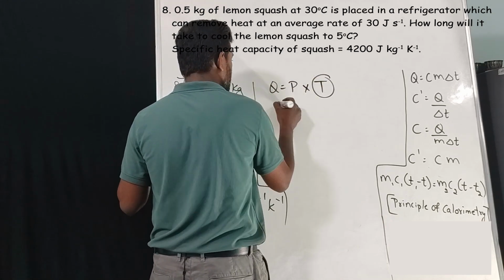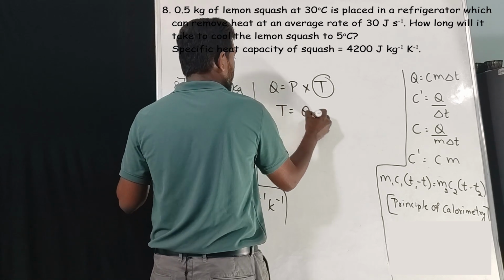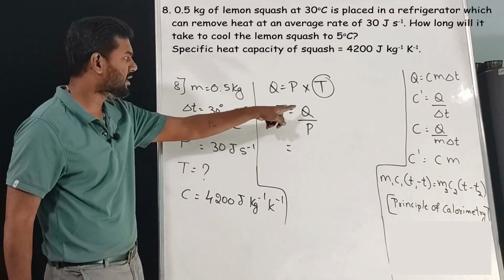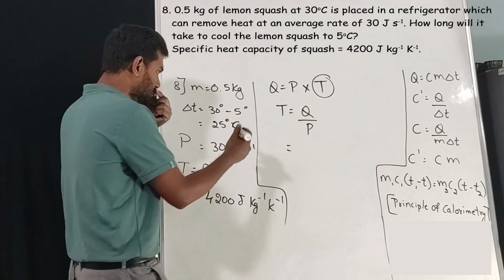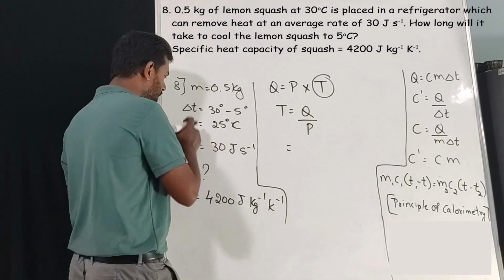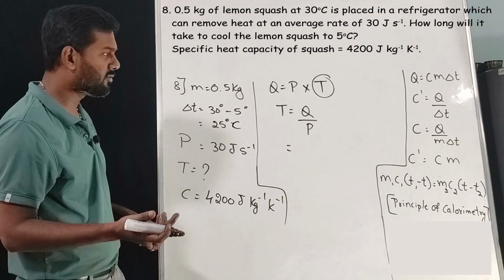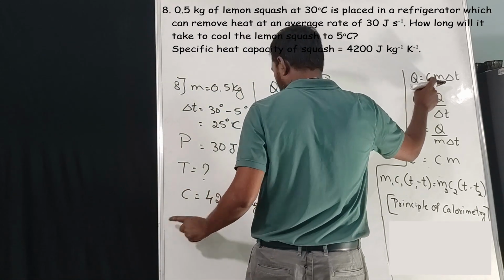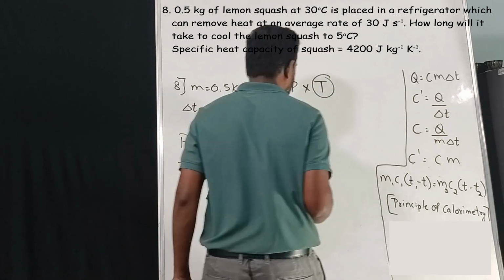We need to find time. So time is equal to Q by P. We have the value of P. Do we have the value of Q? No, right? Q is also not given. To find Q, what is required? To find Q, specific heat capacity is given, mass is given, delta T is given.